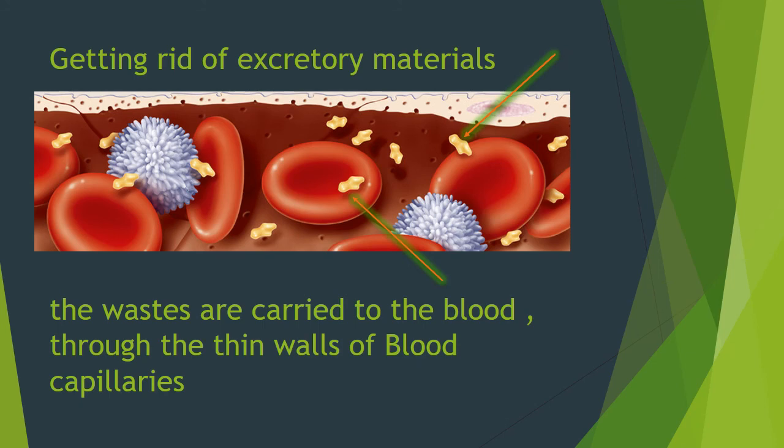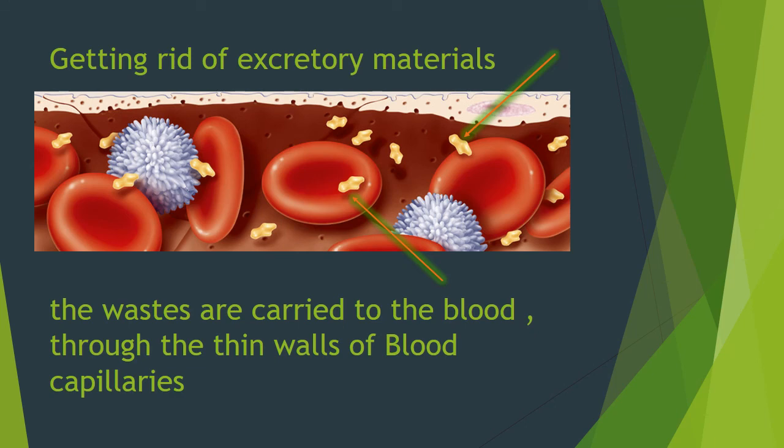How is the body getting rid of excretory materials? You can easily see in the picture that the wastes are carried to the blood, okay? You can see the arrows pointing to the wastes. You can see the red blood cells, you can see the white blood cells, and between them there are wastes. These yellow things are wastes, okay? The wastes are carried to the blood through what?